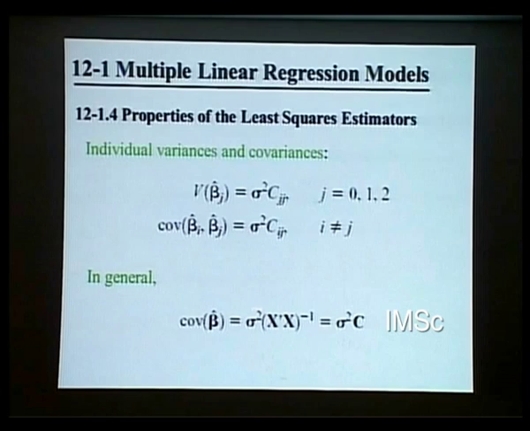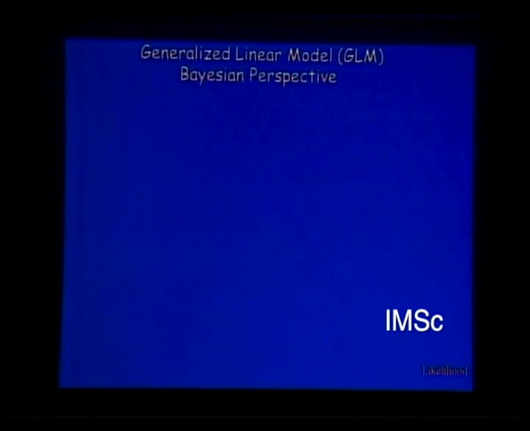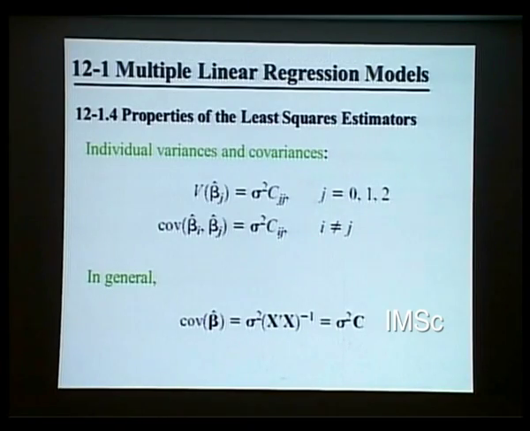You replace sigma square with sigma square hat, and that completes the process of getting the coefficients and the variance of the coefficients. So anyway, what I want to point out here is that until this point, it is a pretty standard affair.